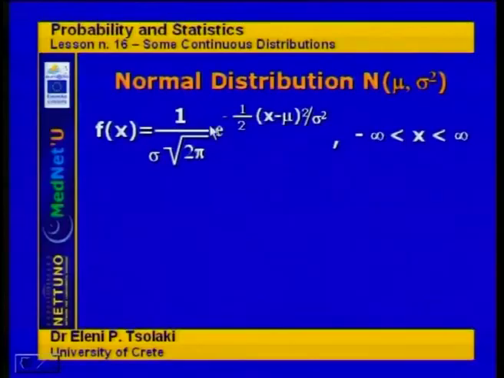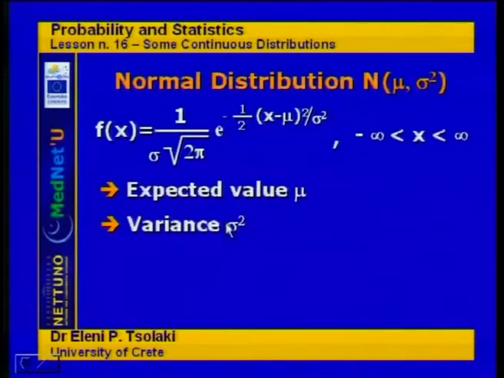Now, the expectation, the mean of the normal distribution, is mu, its first parameter. The variance is sigma squared, its second parameter, and we need both in order to specify the normal distribution.